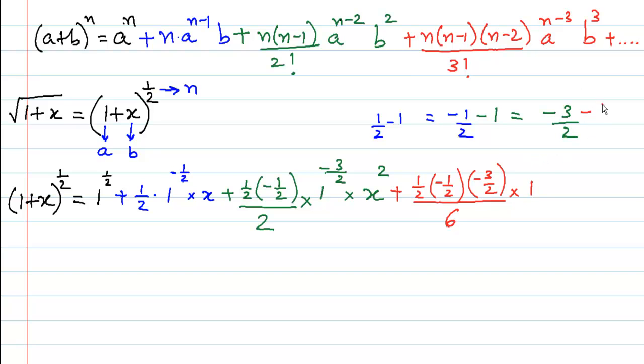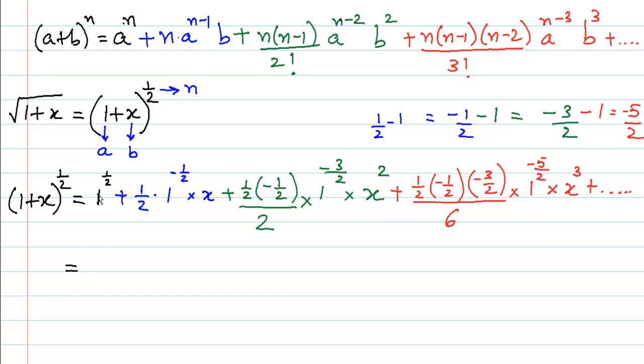So we'll have to subtract this further and we'll get minus 5 upon 2. So minus 5 upon 2, b cubed. b is x, so into x cubed. And this can continue.